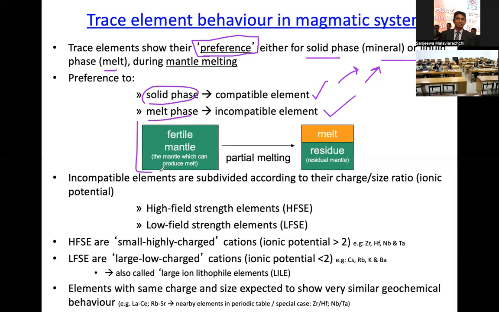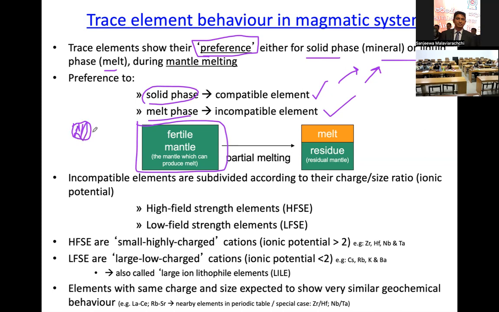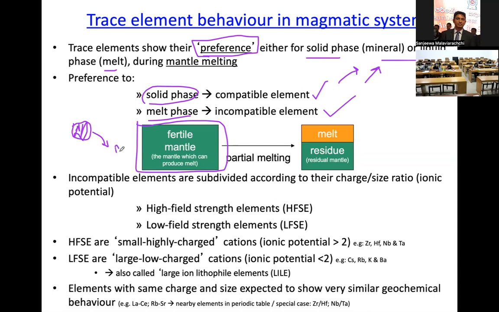Before melting, we call it fertile mantle, for example. Before the mantle melting, the region of the mantle part you can call fertile mantle. Any sample, for example, if you are taking this portion of the mantle before melting, you can consider it as fertile mantle. And later, whatever the mechanism, either heating or dropping pressure or adding water, whatever causes melting, you produce a melt as well as some residue.